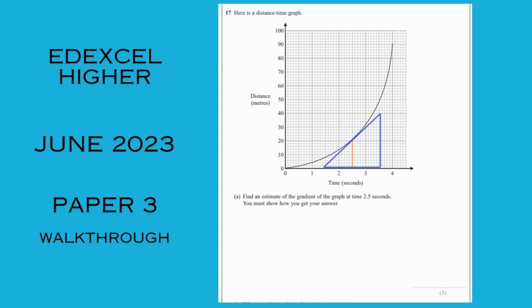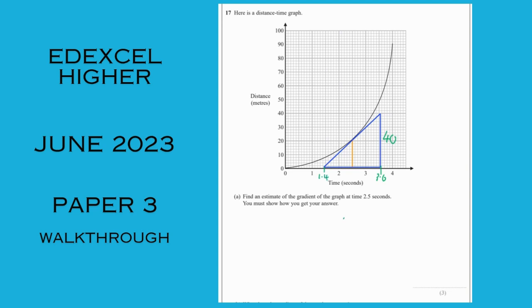So it says 2.5, so there's my line. Any tangent, and I just try and make mine have nice numbers, nice-ish, because it is an estimate. So I've got this triangle. My height is 40. My guessed width, that's about 3.6. That's about 1.4.